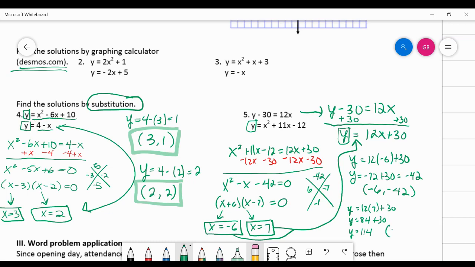So the other solution is 7, 114. And you could check both of these answers using decimals if you like.